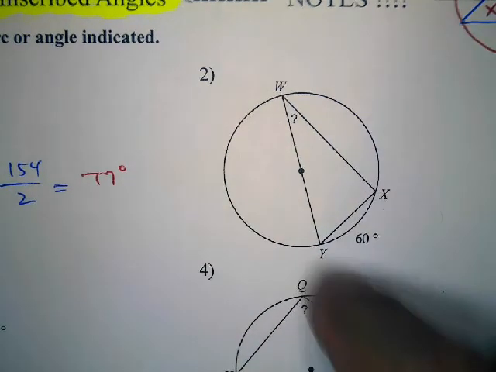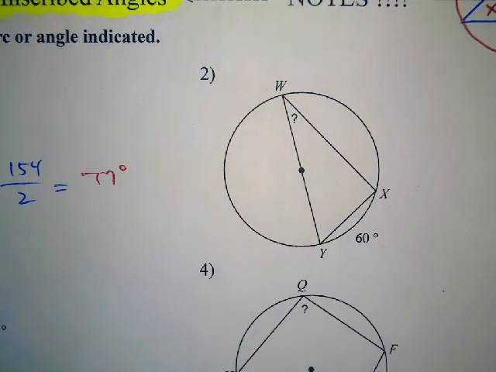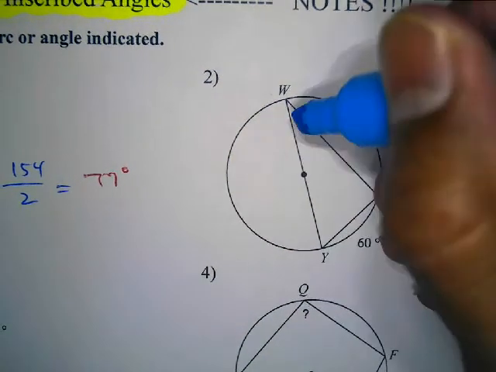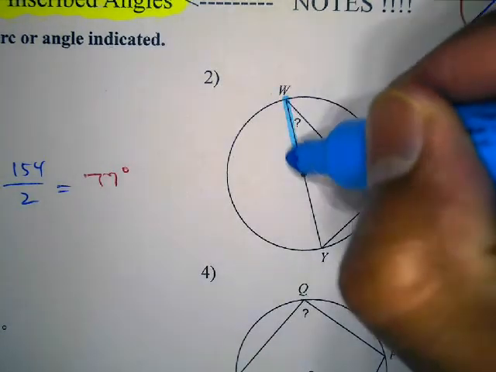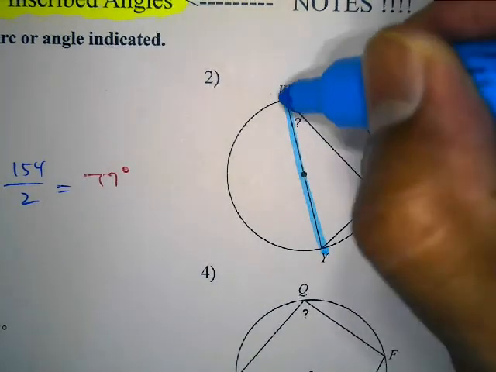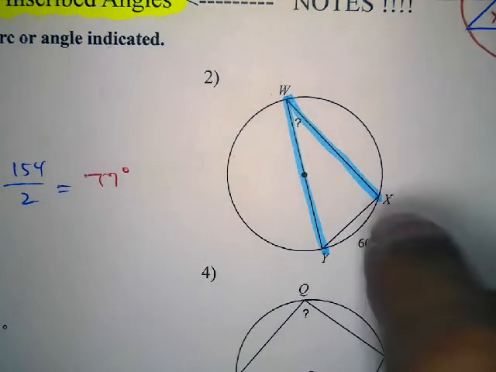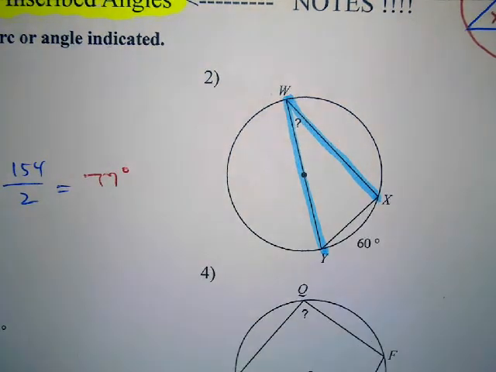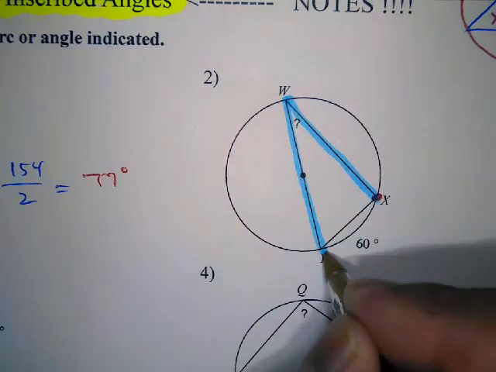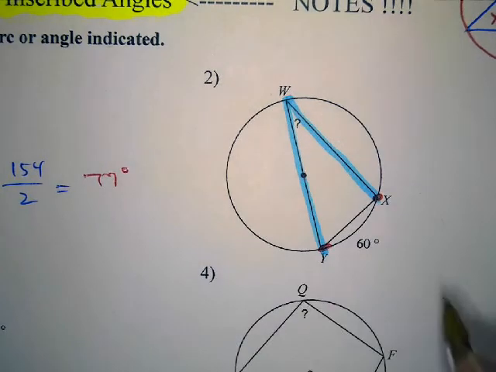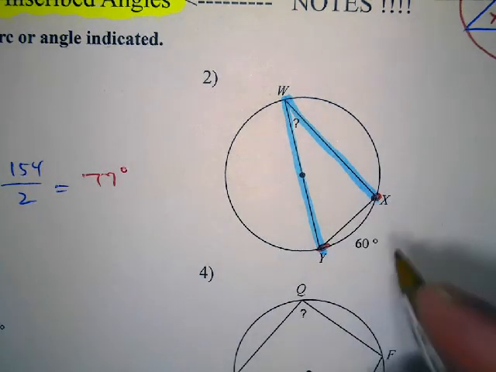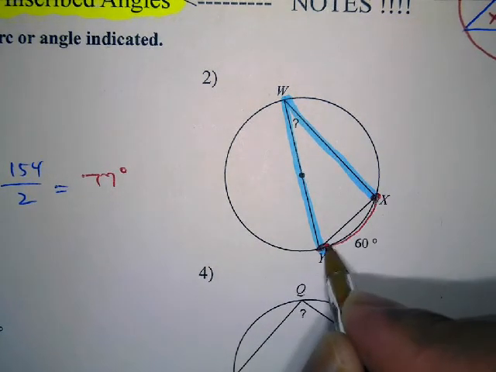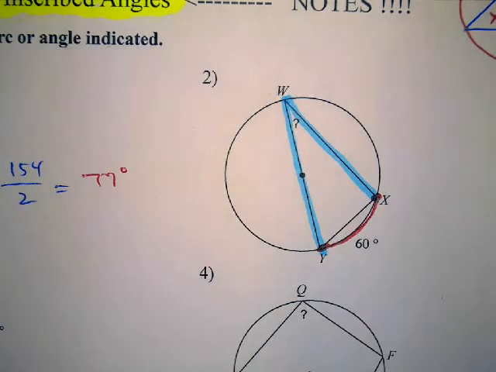Try to ignore that, or mainly not ignore it, but only focus on what you need to focus on. So if this is the angle here, I'm going to follow that line, and that line, and I don't need to look at that line. Forget about that line. Just put the points where that angle is, ignore that little line there, and just focus on the arc.